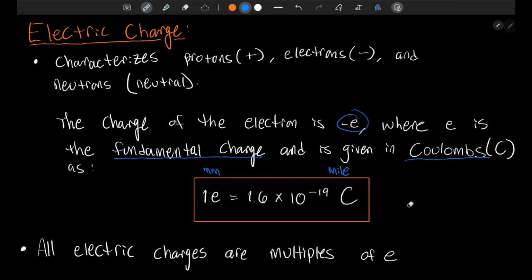It has to be a whole number because it has to be a multiple of E. And going back to the protons, electrons, and neutrons, a proton has a charge of 1 E. An electron has a charge of negative 1 E. And since a neutron has no charge, or it's electrically neutral, it has a charge of 0 E. So we see that protons and electrons are the smallest amount of charge that we can get.